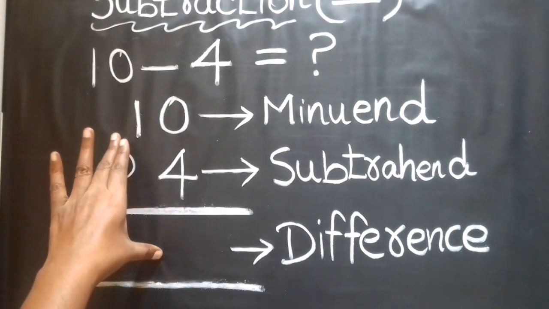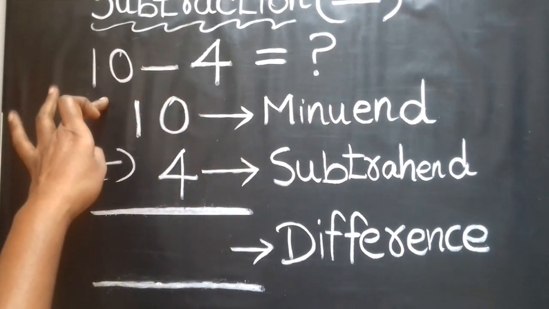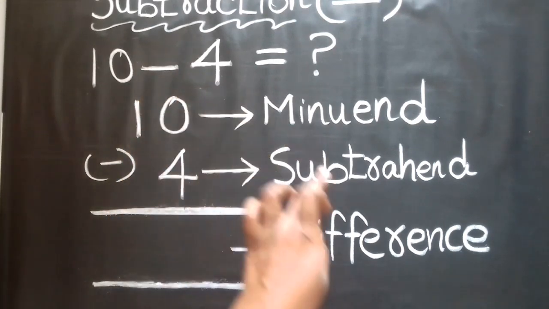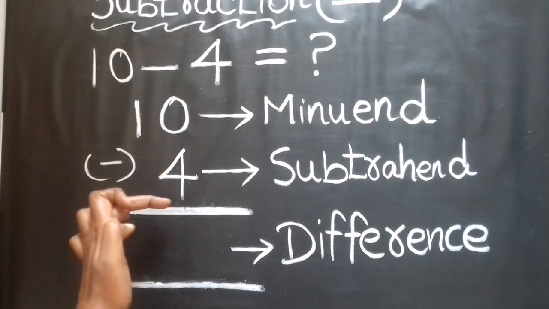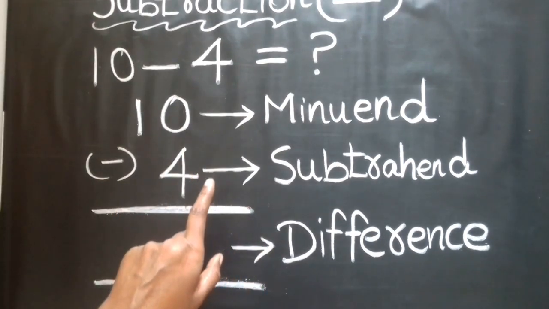Now we are going to find the difference between 10 and 4. The first number is called minuend. The second number, which is 4, is called subtrahend. We are going to find the difference between 10 and 4 now. How many fingers we need to pull out?